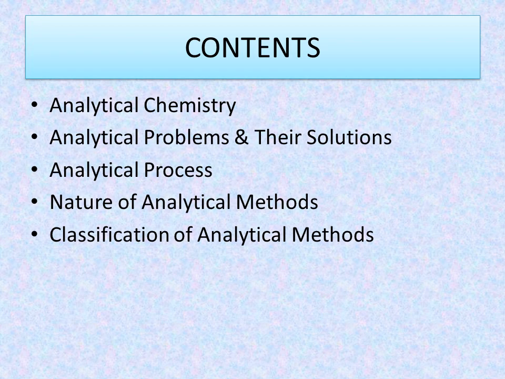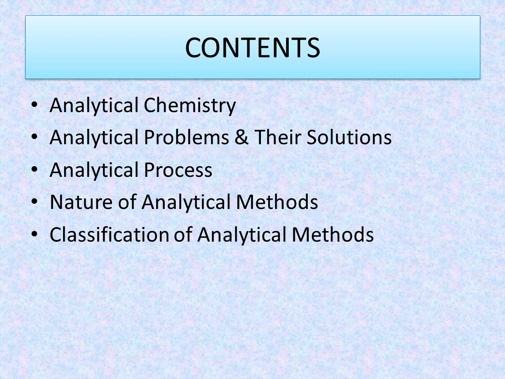And here are the contents of the current video. First of all, we'll see what is analytical chemistry, that is, what is done in analytical chemistry. Then we'll see what analytical problems are and how their solutions are found.